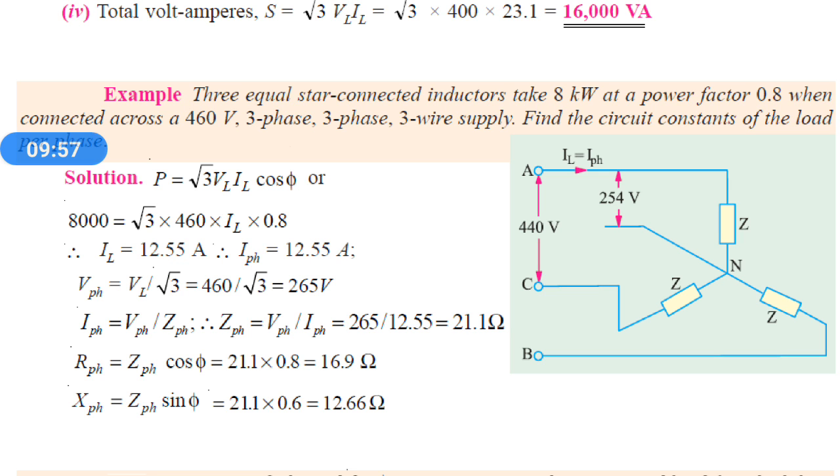The 0.6 comes from the cos phi value: cos phi is 0.8, so phi equal to cos inverse 0.8, and inserting that phi into sin phi, sin phi becomes 0.6. So X phase equal to 12.66 ohm.